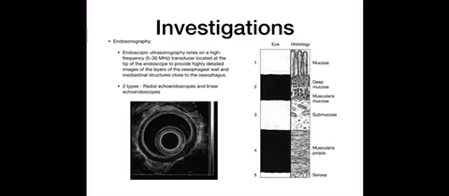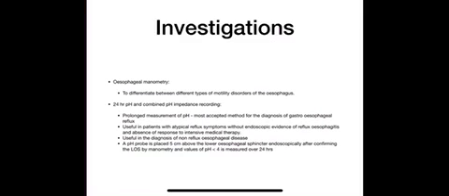The diagram below shows the various layers of the esophagus in a radial echoendoscope. Layer 1 being the mucosa, layer 2 being the deep mucosa and the muscularis mucosa, layer 3 being the submucosa, layer 4 being the muscularis propria, and the last layer being the serosa.